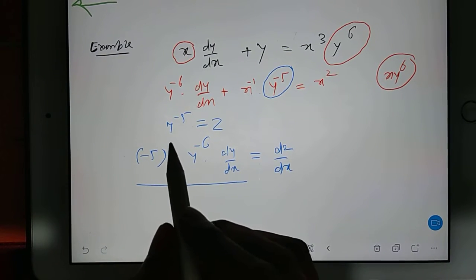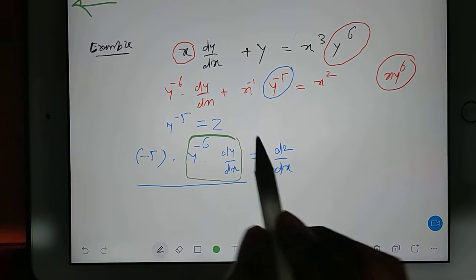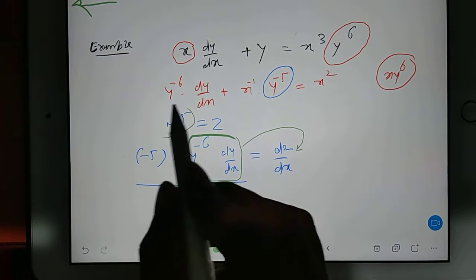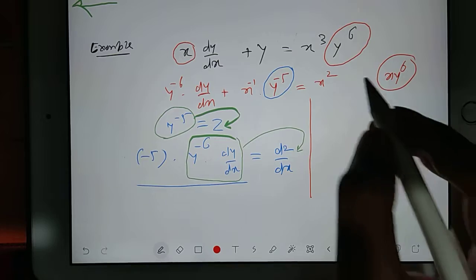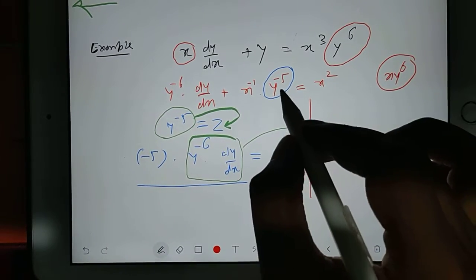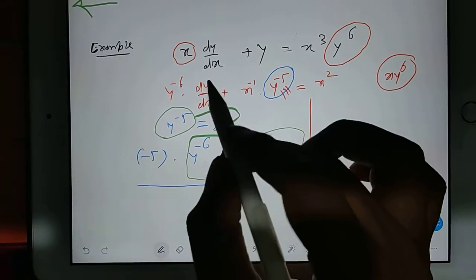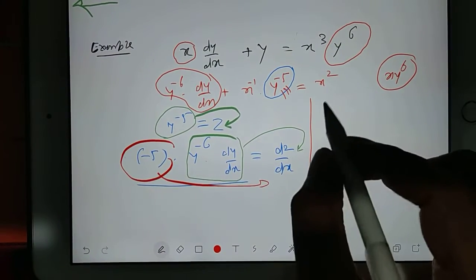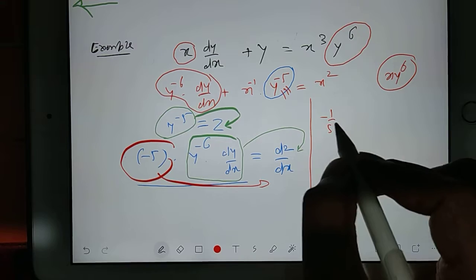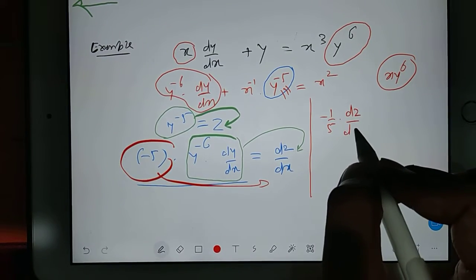So you can replace this much with this, and this total you can replace with this. These two replacements you have to do carefully. So I am doing that. Here I will put z, and this total I will replace, and this minus 5 you send down. So you can write here minus 1 by 5 into dz by dx.